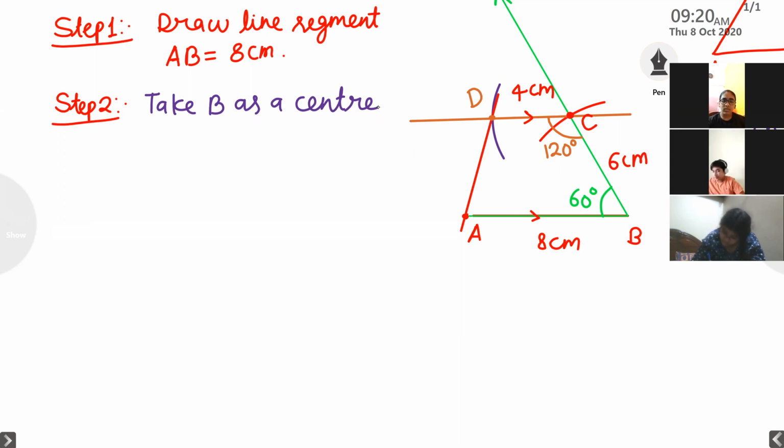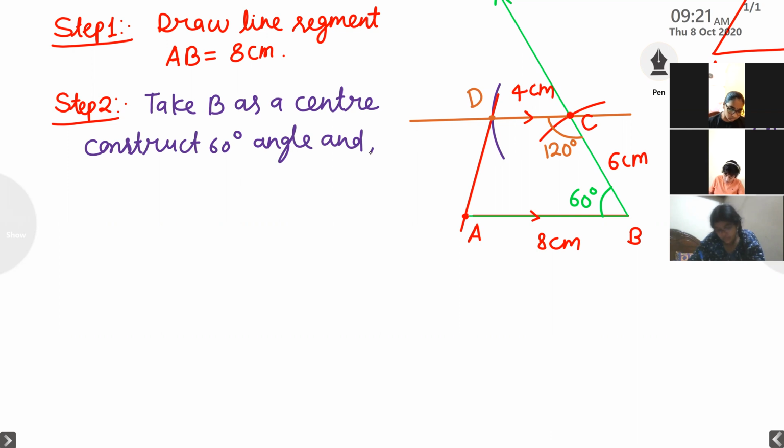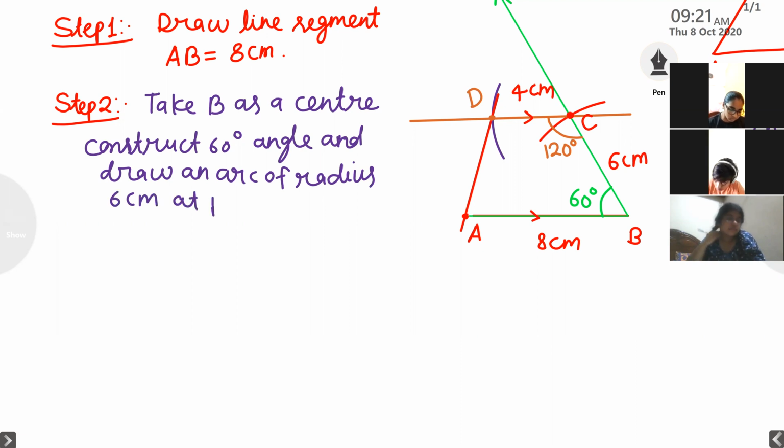Construct 60-degree angle, comma, and draw an arc of radius 6 centimeter at point C.